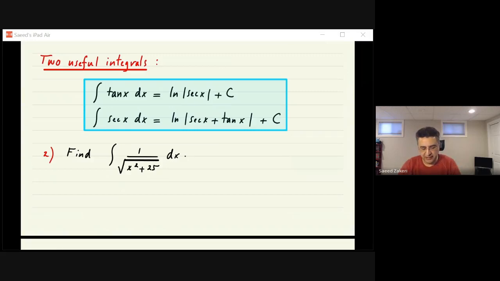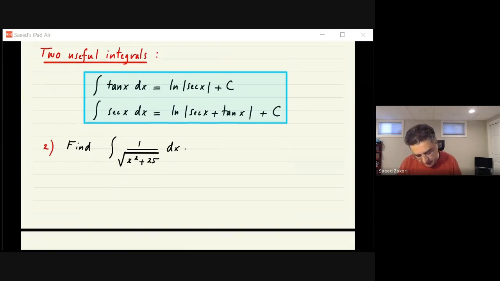So it's a good idea to remember it now, but it's not something you should always keep in mind as part of your mathematical knowledge.